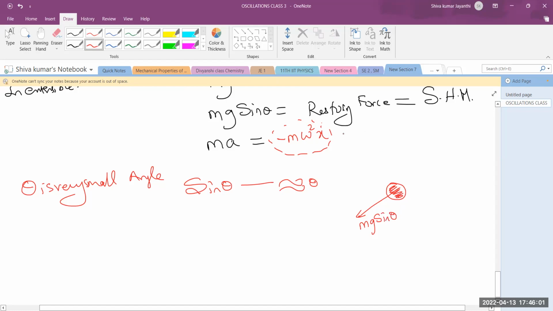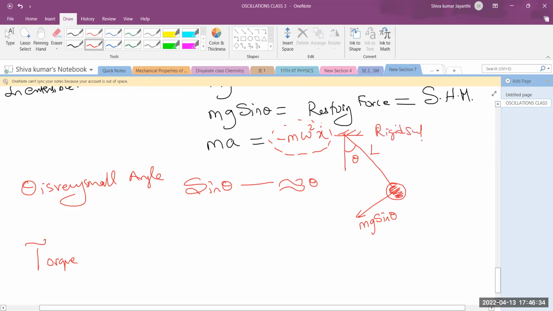Now on that bob, from the rigid support, there is a length L. Now it is trying to restore itself backwards. What does restoring itself backward mean? It is doing an angular displacement, which means it's acted upon by a torque.